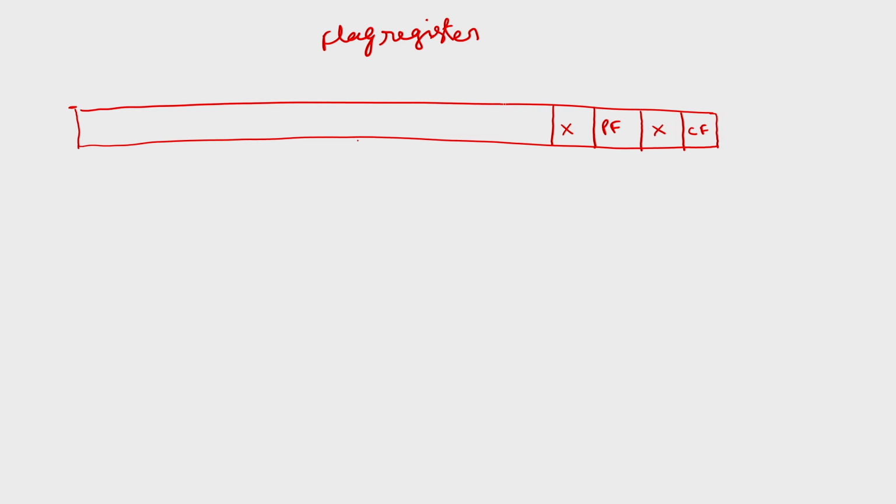Then we have the auxiliary carry flag, then this position is again don't care. Then we have the zero flag, sign flag. So, these 8 bits are exactly similar to those of the 8085 microprocessor.